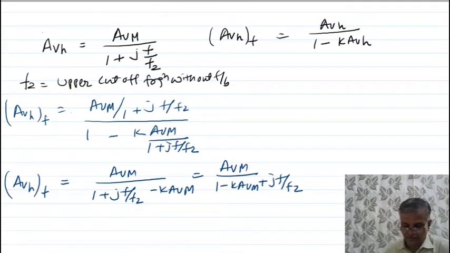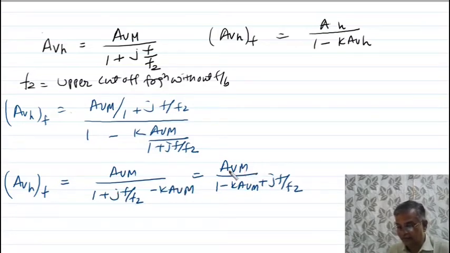This is the equation you already know: AVHF is equal to AVH upon 1 minus kAV. We derived this simple equation in the last lecture: gain of the amplifier with feedback is equal to AV upon 1 minus kAV. Here it is high, so I have written high. In this equation I put this value, and then the LCM, this cancels.